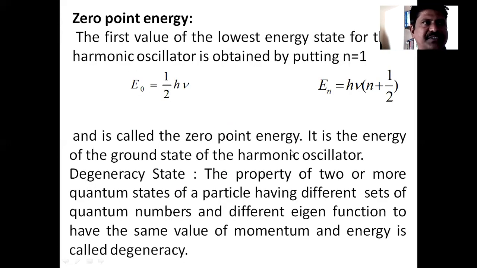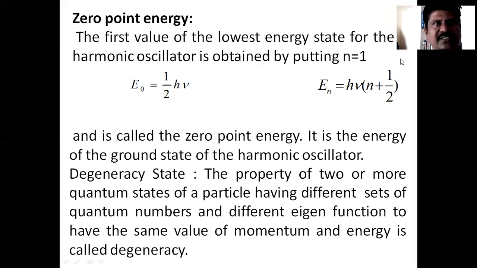Next, the zero point energy. This was already mentioned in the sentence itself. The lowest energy state of the harmonic oscillator is obtained by taking n equals 0.